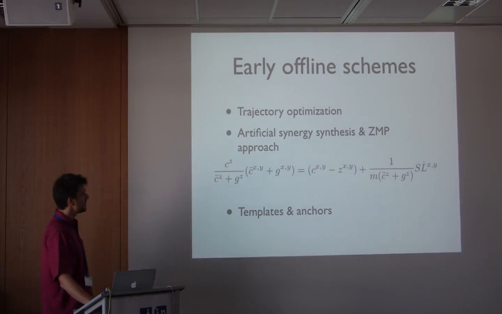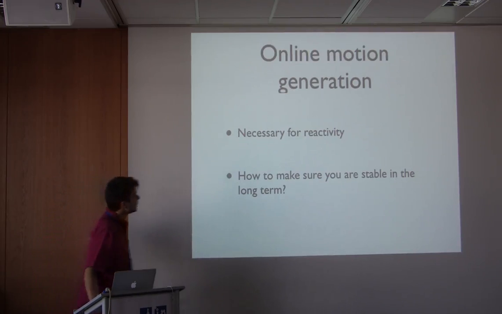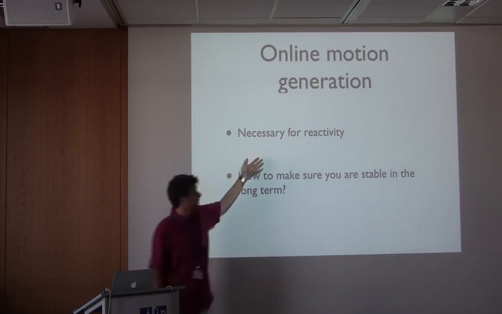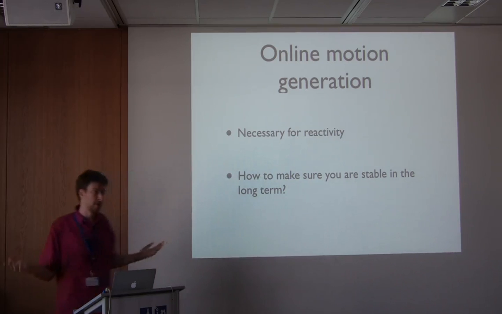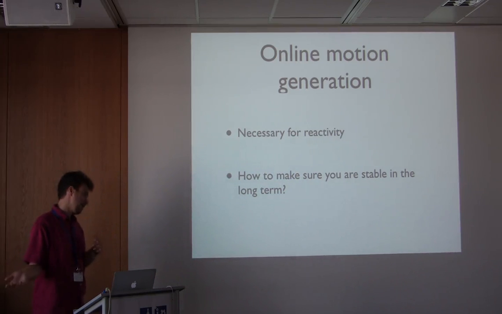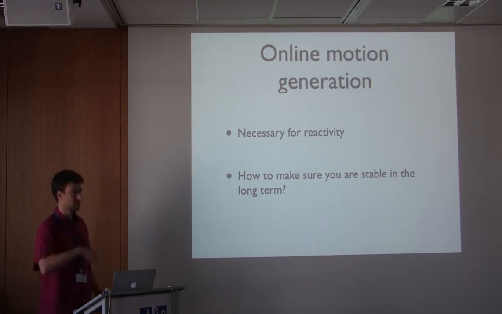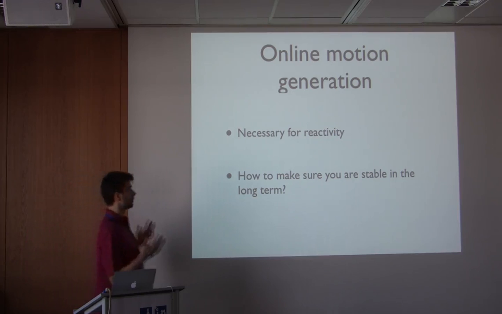So how can we use this, but without the rigidity of generating motion offline? What would be interesting is online motion generation, because then, of course, that will help you have better reactivity. If you have perturbations, or if you want to change your goal, because you want to go for the ball, but then the ball is there, you need online motion generation.